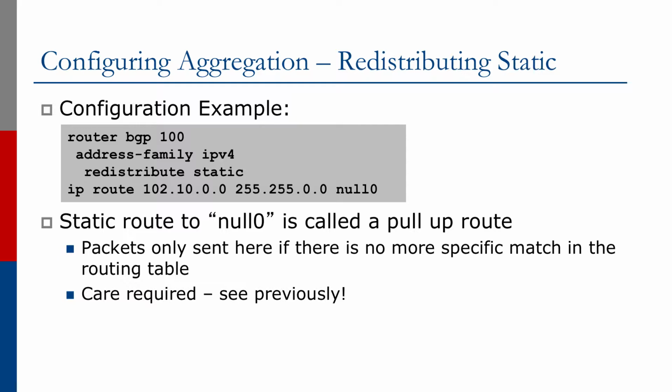So that's quite a handy feature when it comes to dealing with dropping packets for which there's no specific path in the network. So the static route for the aggregate to null puts it into the global RIB, and then the redistribute static command simply will move that static route, and all the others, don't forget, into the BGP RIB, as we've seen already.